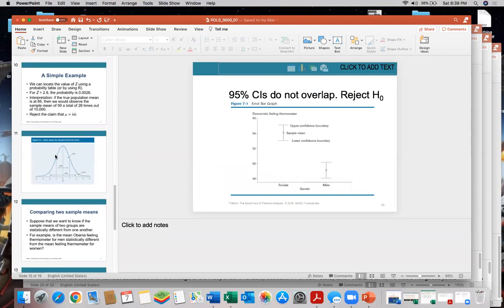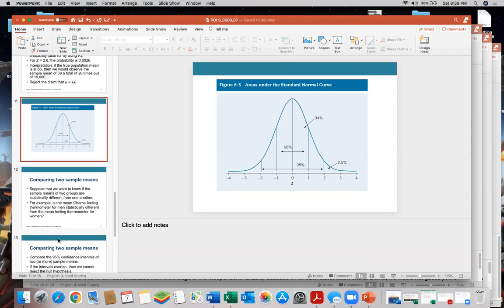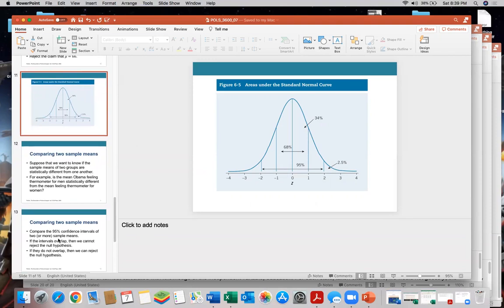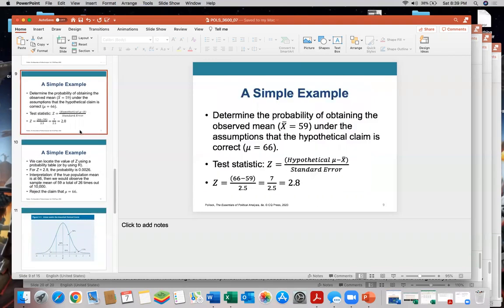I don't know if you guys remember that from class, but to be able to reject, the number comes out to 1.96. And so this 2.8 is that same kind of number. So since that's way bigger, we can reject it.